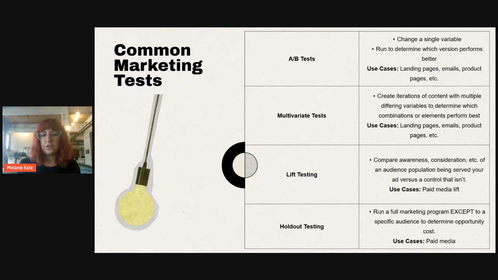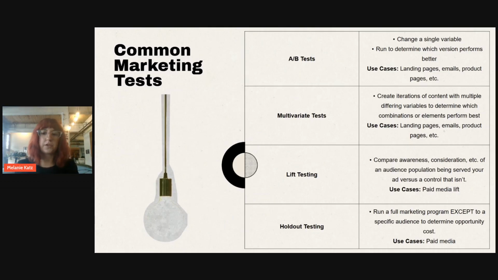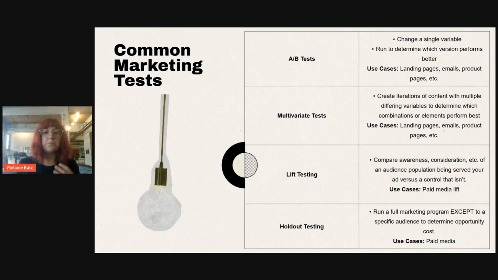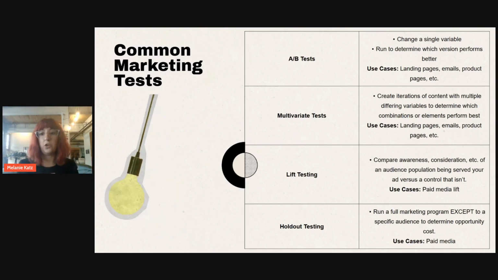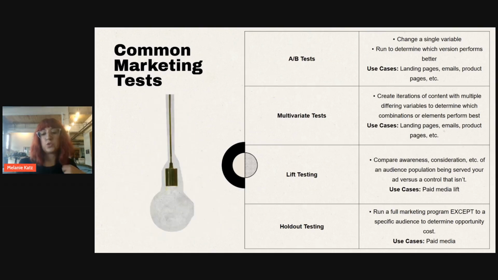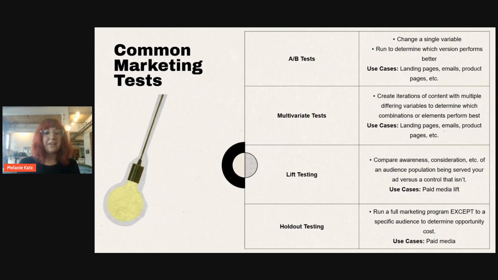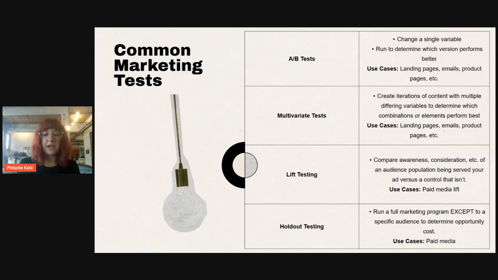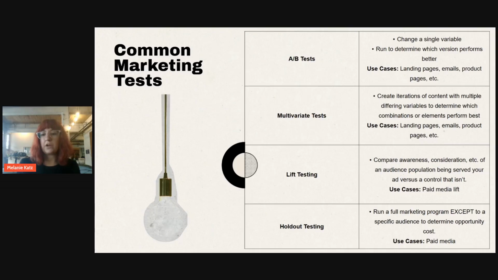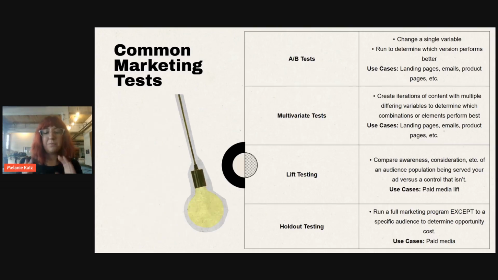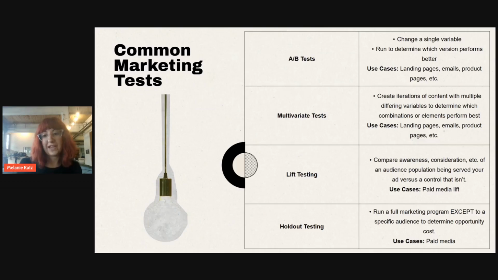Multivariate tests are used for similar types of content, so landing pages and emails as well. But you're using multiple iterations of content and you're determining which of those elements are driving that strong performance. Something that's a little bit less common would be lift testing, which is comparing things like awareness and consideration. It's more of those soft, mushy top of funnel metrics that might otherwise be difficult to capture.